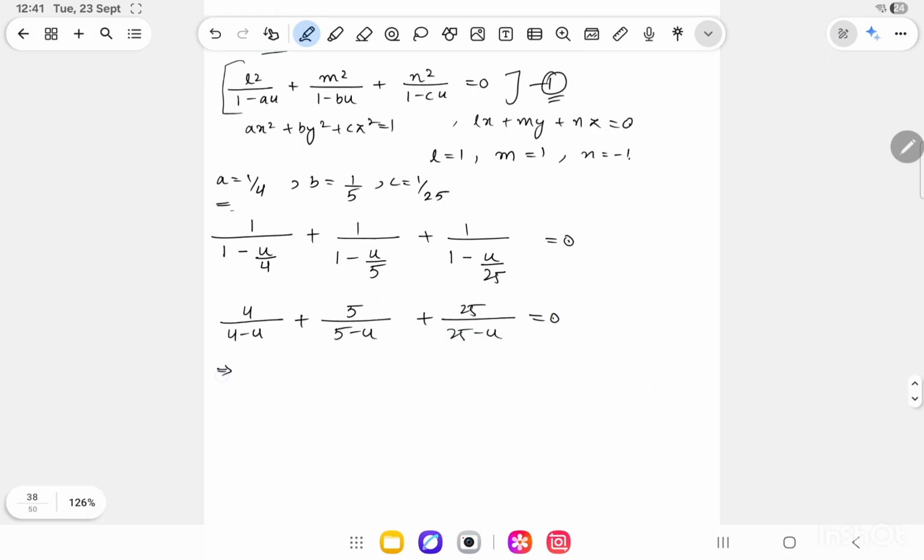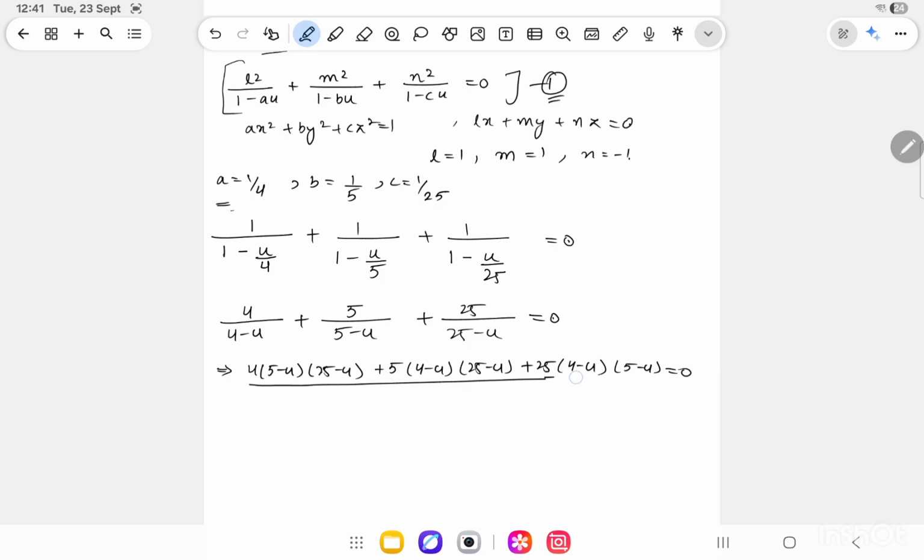From here, if I take LCM, I'll be left with 4 into 5 minus u into 25 minus u plus 5 into 4 minus u into 25 minus u plus 25 into 4 minus u into 5 minus u equals to 0, and in the denominator 4 minus u into 5 minus u into 25 minus u.